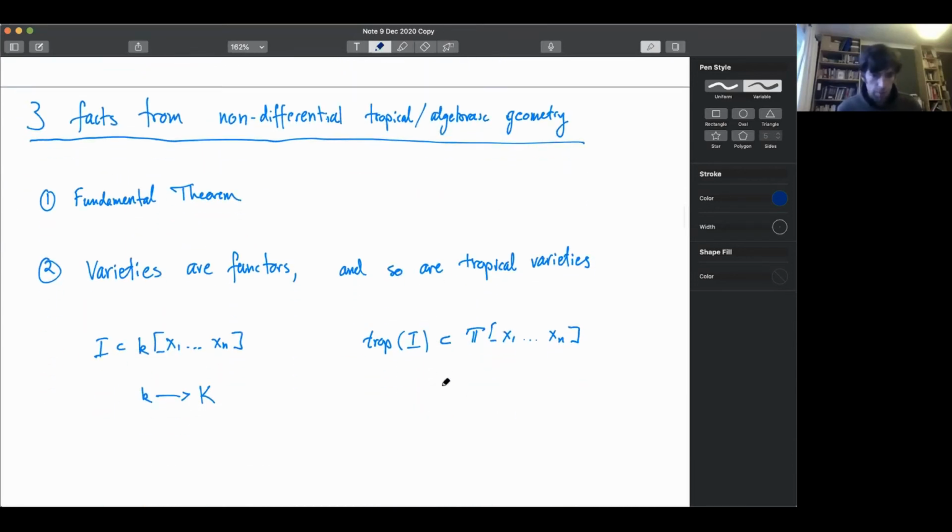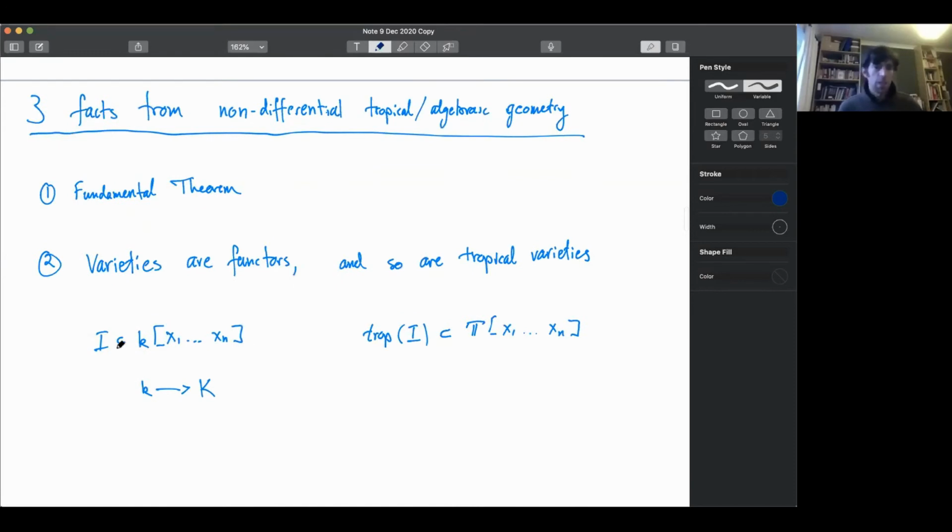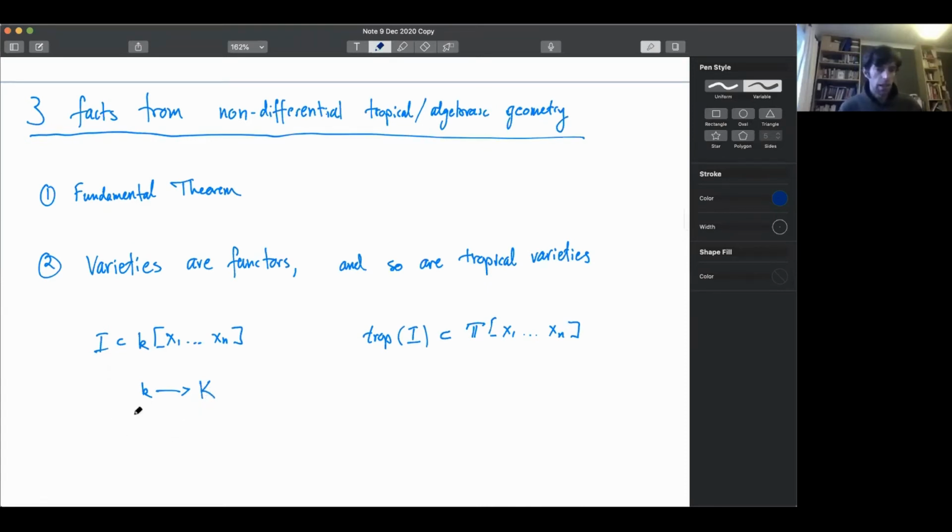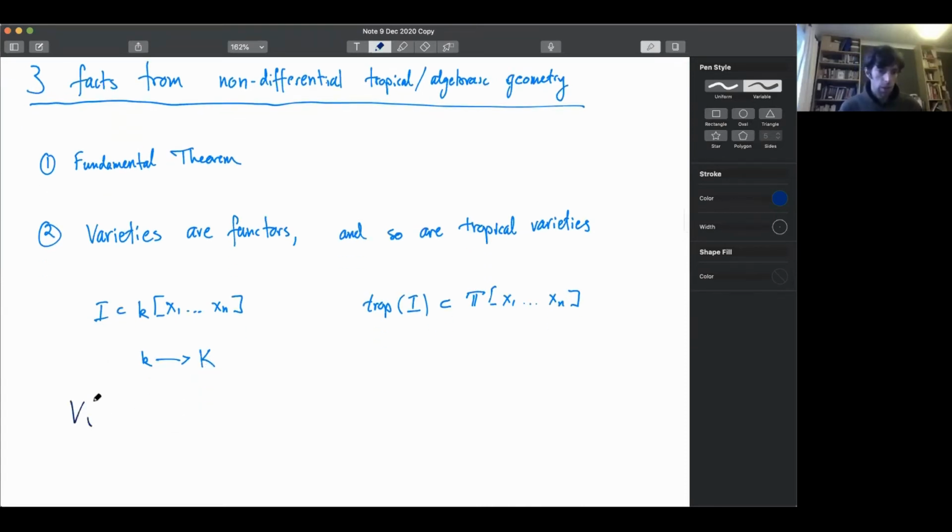Yeah, here, I've got my space ready to explain it right here. So given an ordinary ideal I inside a polynomial ring over a field little k, I can look at a field extension big K, and I can look at the variety associated with I, which sits in little k to the n.